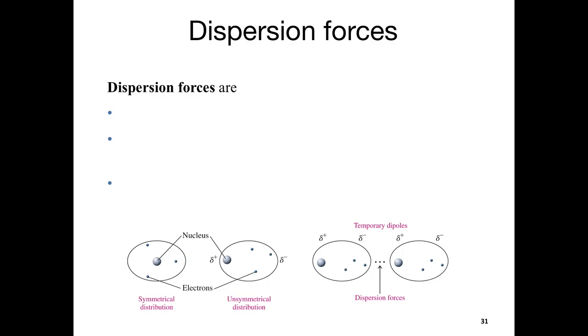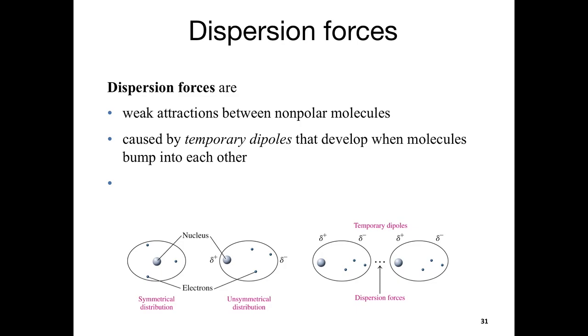Okay, and the last intermolecular force we want to talk about is something called dispersion forces. Now, dispersion forces are the weakest among the 3, and every molecule has it. Even nonpolar molecules will have dispersion force. Every molecule will have it because they are caused by a temporary dipole. So even though you are nonpolar, that means you're not a dipole, you can be induced to become a dipole, not forever, but temporarily.